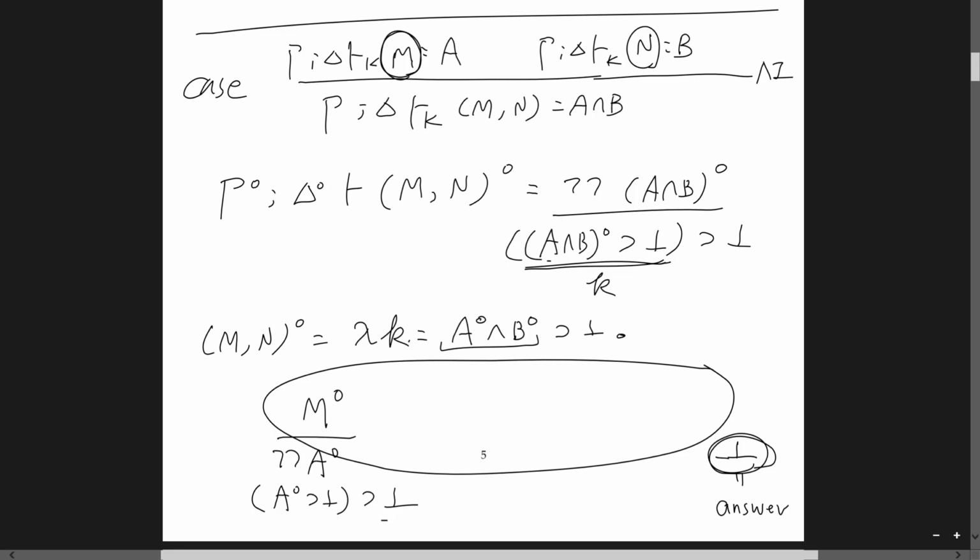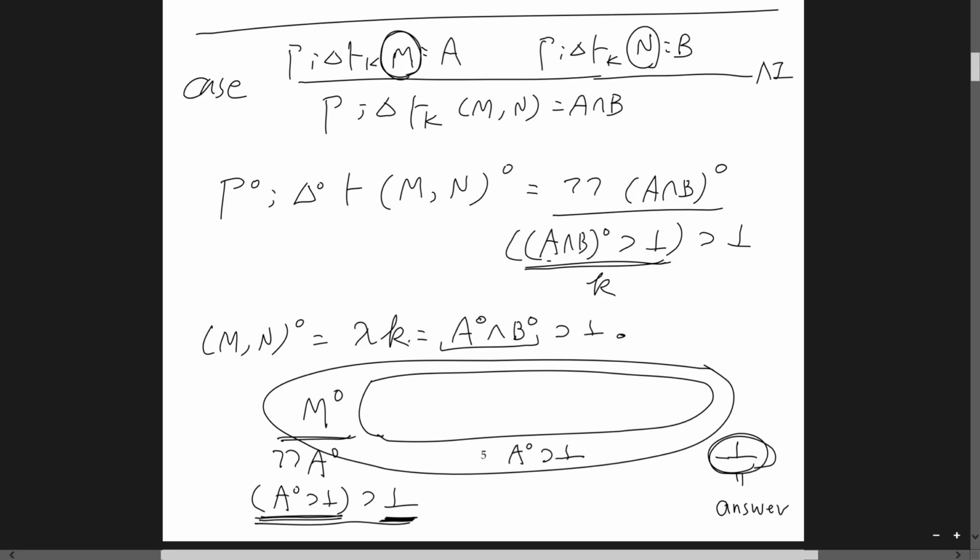So in order to produce a bottom, it suffices to provide a function of this type. M has this type, and the argument has this type. So we create a function of type A circle, and now the body is going to have a type bottom.